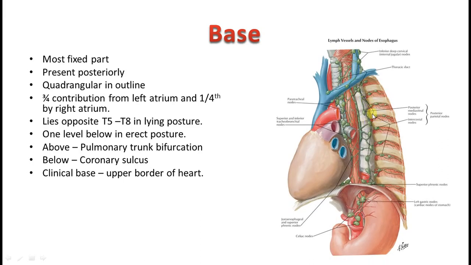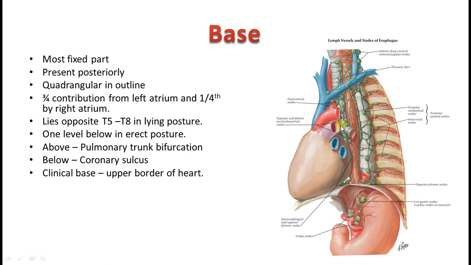So, the posterior relations: the base rests on these structures, mainly the posterior mediastinal structures. Immediately behind the base you have a space, the oblique sinus, which is present between the heart and the fibrous pericardium.